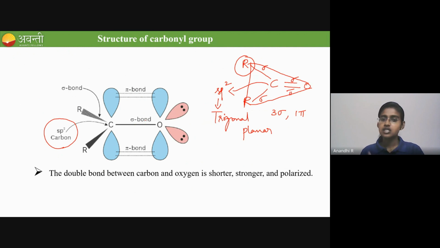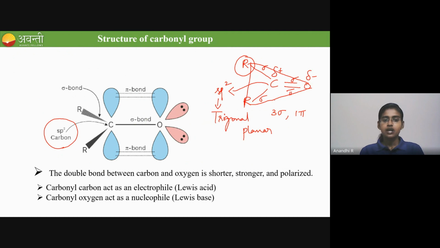Since oxygen is more electronegative in nature, this bond gets polarized. That is, the more electronegative atom will pull the electrons towards itself, right? So this oxygen will pull the electrons towards itself, so it gets a partial negative charge. And as this carbon donates its electron to the oxygen, it gains a partial positive charge.